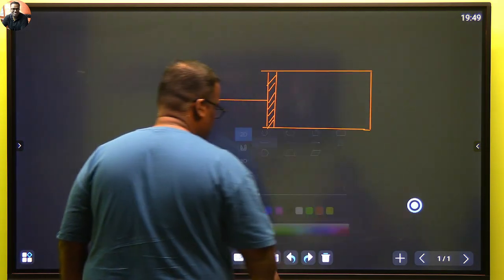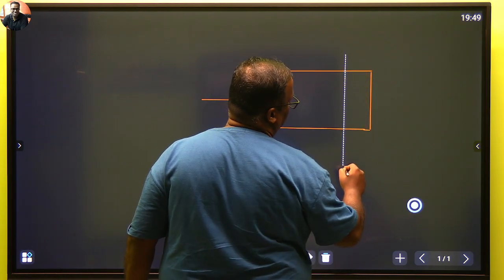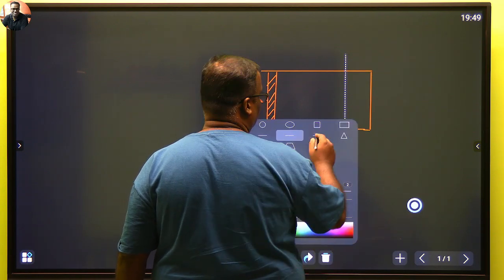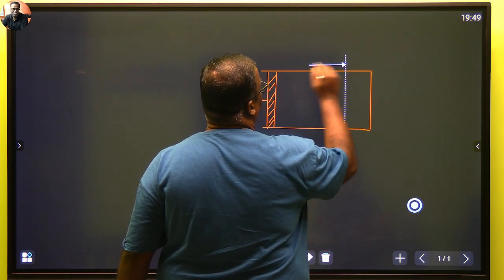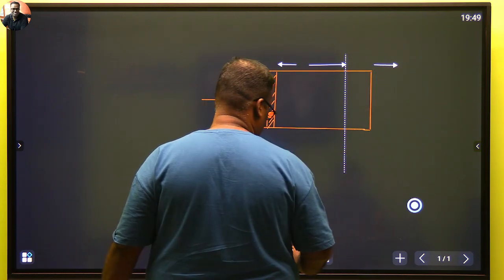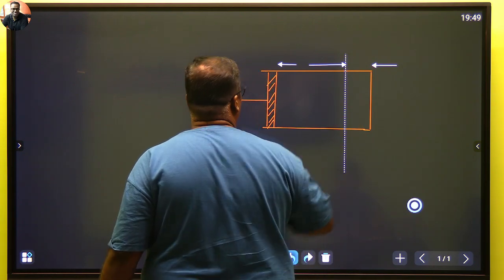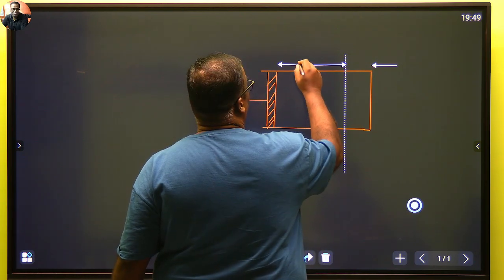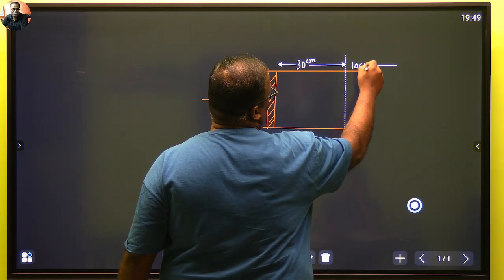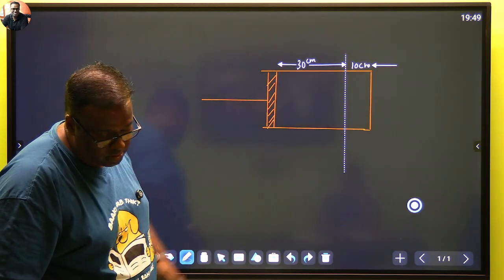So this is 30 cm and this is 10 cm. This is a cylinder, there's a piston.